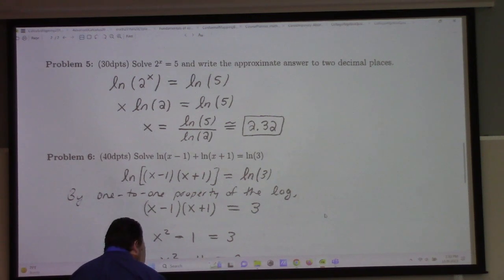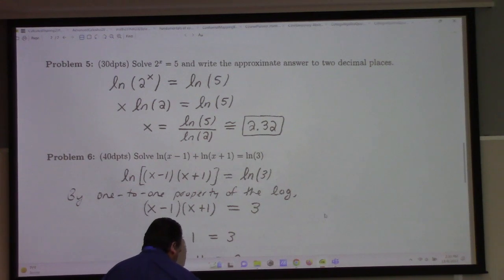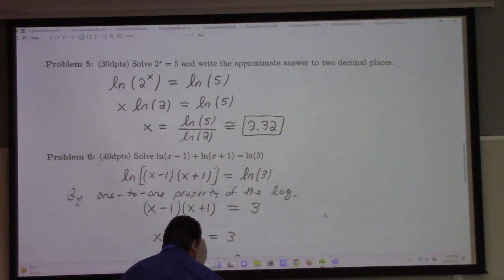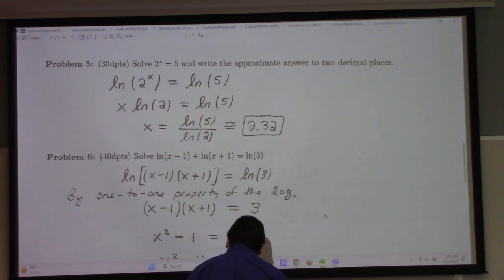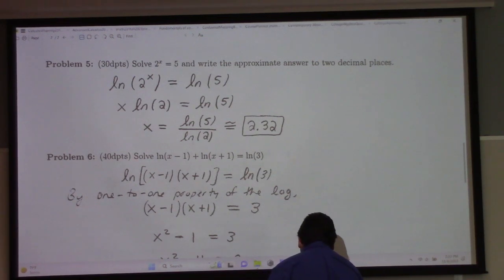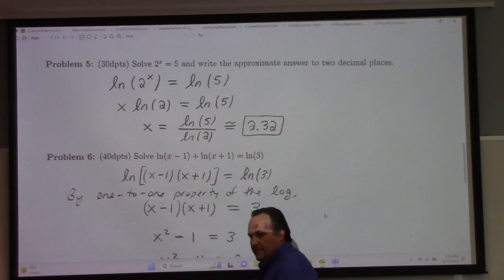If I take log base 2 of both sides, that tells me that x is equal to log base 2 of 5, right? But notice, by the change of base formula, that's the natural log of 5 divided by the natural log of 2. So you could have gone either way there.